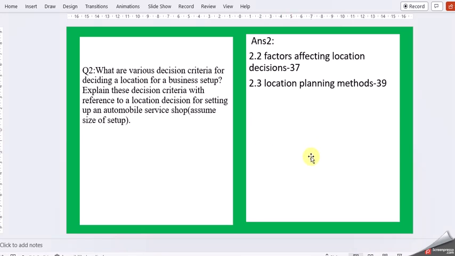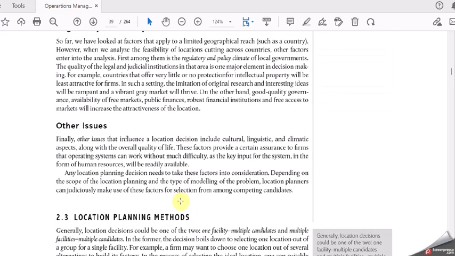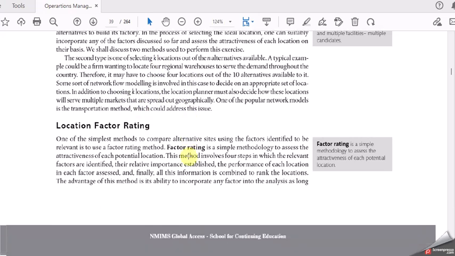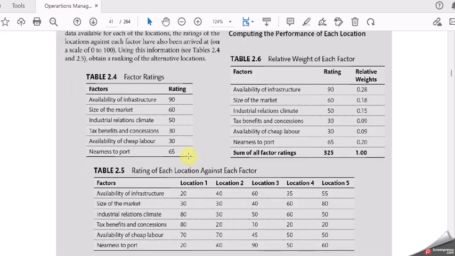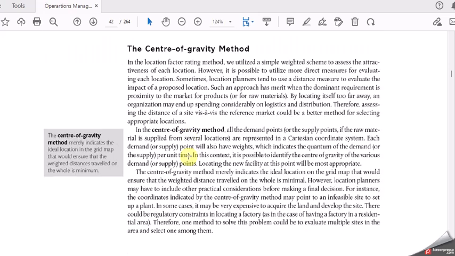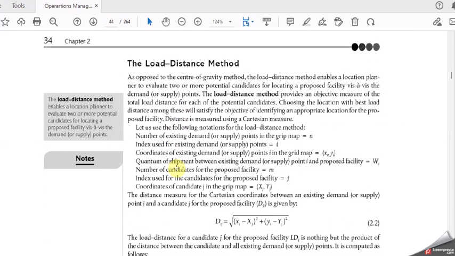Next, location planning is what has been mentioned. Here you can look at location planning methodologies and different location factors, and how they are going to be helpful for the automobile service center setup you are planning, based on the center of gravity method or load distance method.